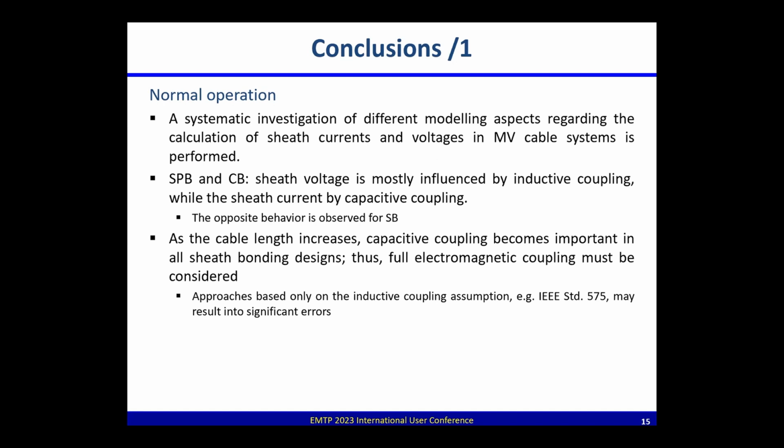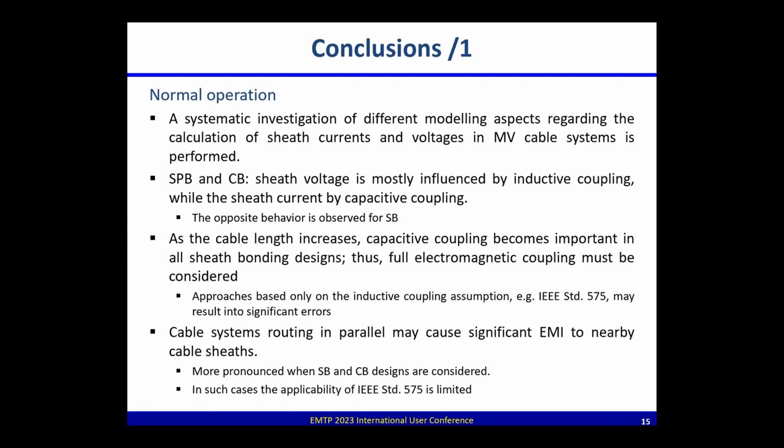As the cable length increases, the capacitive coupling becomes important. So that's why we are recording this difference with the IEEE standard. The technicians must take that into account in their analysis, because if we neglect the capacitive current, we may end up with significant errors.